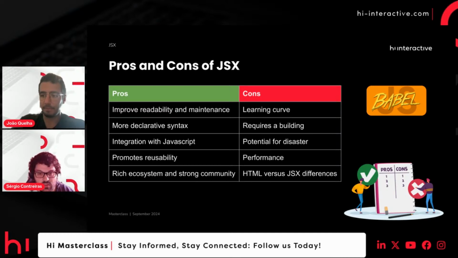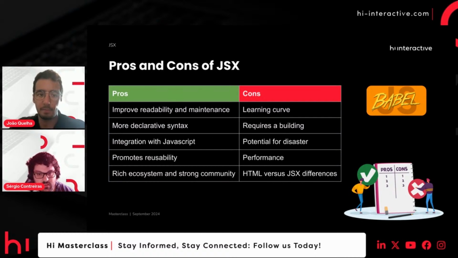Using JSX like this can be a potential disaster because we are mixing HTML, and if we add some inline stylings or conditional renderings, it can be a problem if they are not handled correctly.